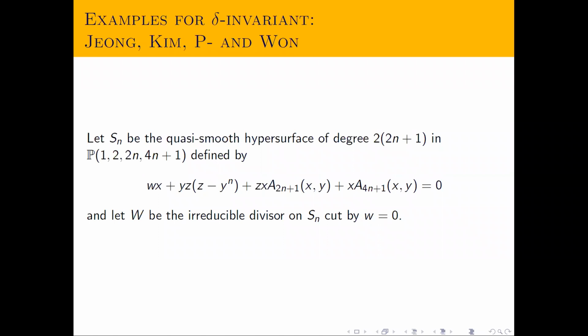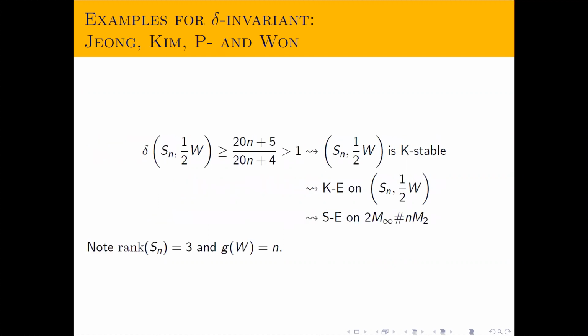We also consider this S_n, a hypersurface of degree 2 times 2n plus 1 in this weighted projective space. We consider the same kind of irreducible divisor given by W, and we consider this orbifold. This is again the branch divisor and your variety.